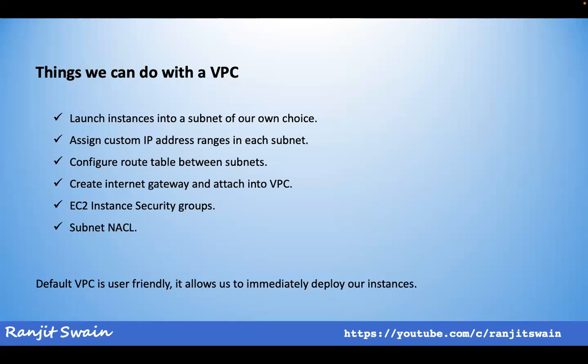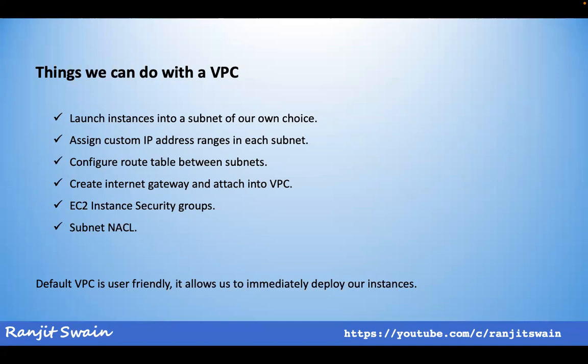Now, what can we do with a VPC? We can launch instances into a subnet of our own choice. Whatever subnet you create, you can put your EC2 instances in it. Whenever we create EC2 instances, we choose the default, no selections, and we leave AWS to choose the subnet for us.